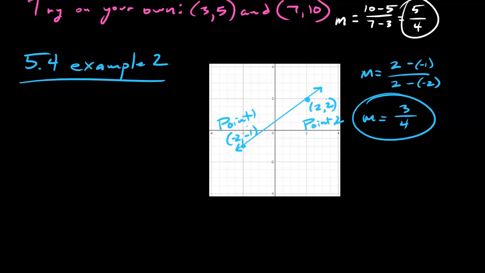I'll just leave this same graph up here. I'll have you guys try one from the same graph, but I'll pick different points. This is the point negative 2, 4, and goes through the point 0, negative 2.